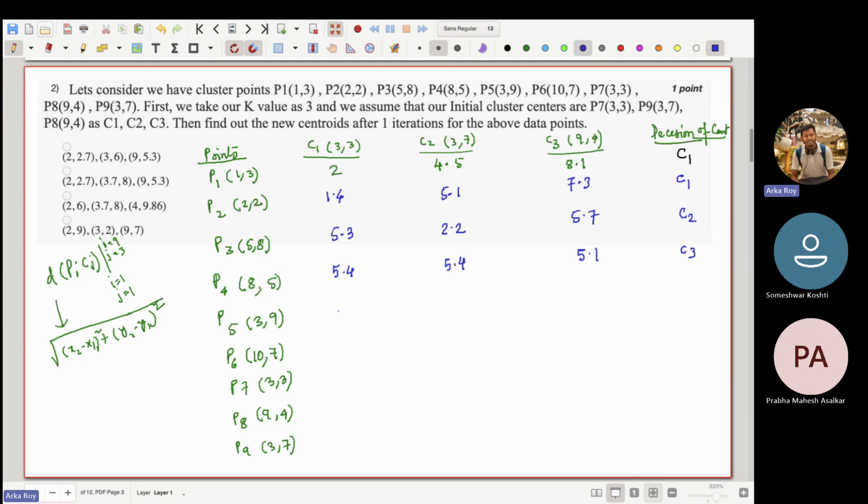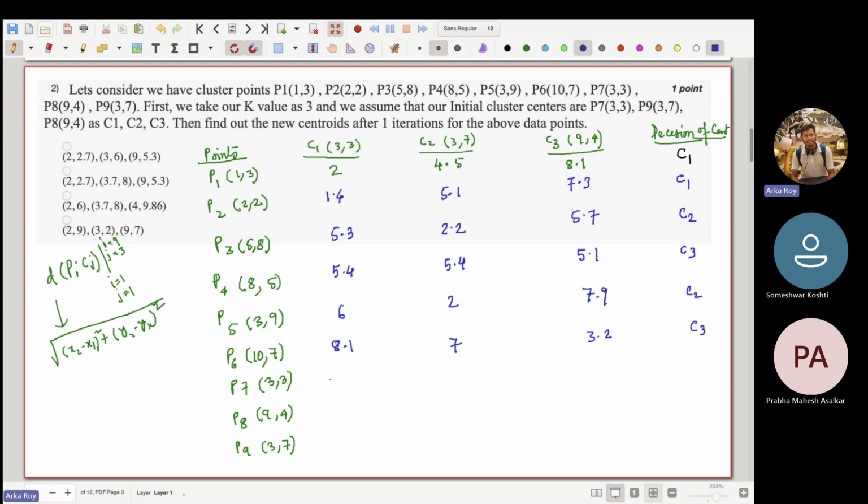For P5, it is 6, then 2, then 7.9. In this case, it would be C2. Then for P6, it is 8.1, then 7, then 3.2. Therefore, again, it would be C3.